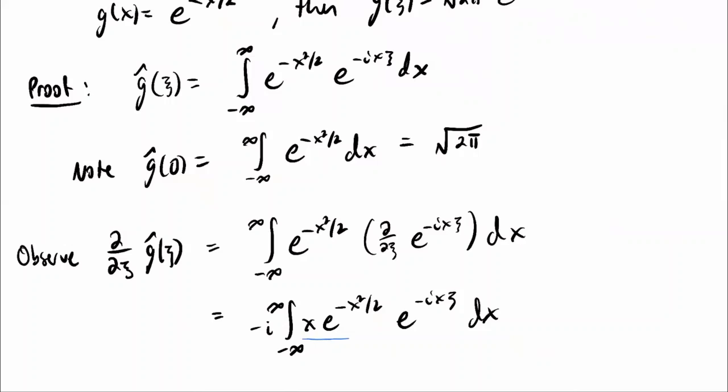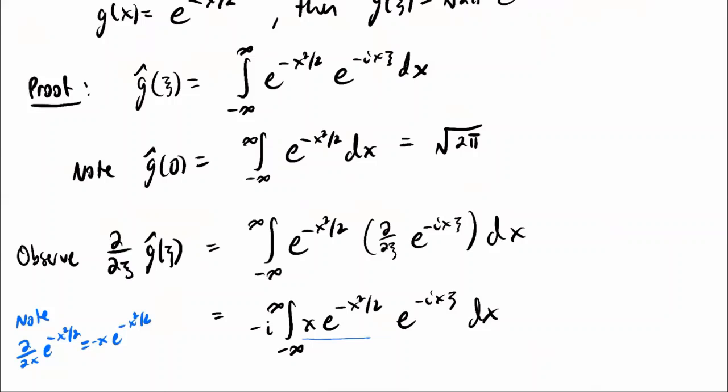Well, notice that this term, x times e to the minus x squared over 2, is just the derivative of the Gaussian with respect to x, right? So x e to the minus x squared over 2 is equal to the derivative of e to the minus x squared over 2 by the chain rule, or sorry, there should be a minus sign here.